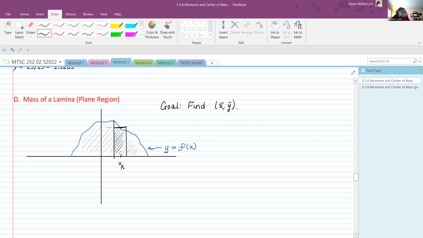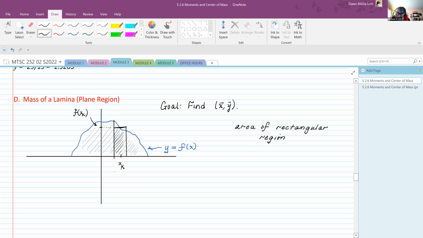So this height here is f of xk. Now you can see what is the area of that rectangular region. Well, that's just length times height.